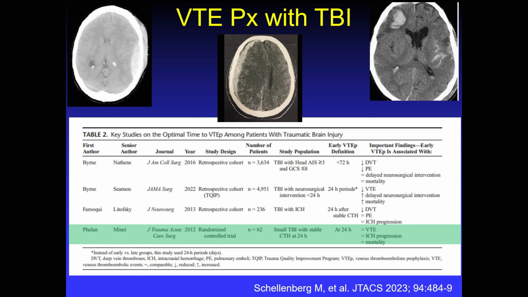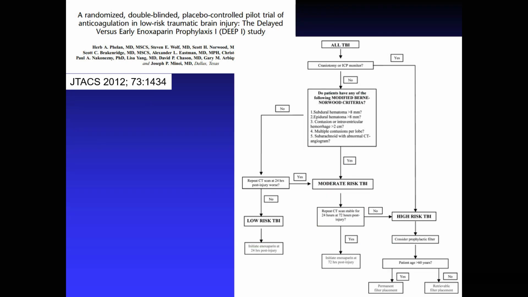The Parkland protocol uses a modified Byrne-Norwood criteria, along with consideration of whether a patient has required procedural intervention and has stable cross-sectional imaging after 24 hours to stratify patients into 3 groups.